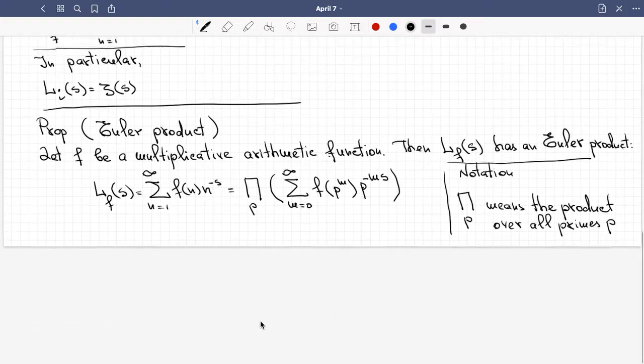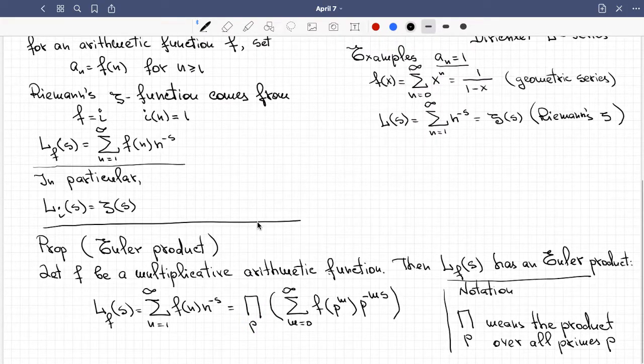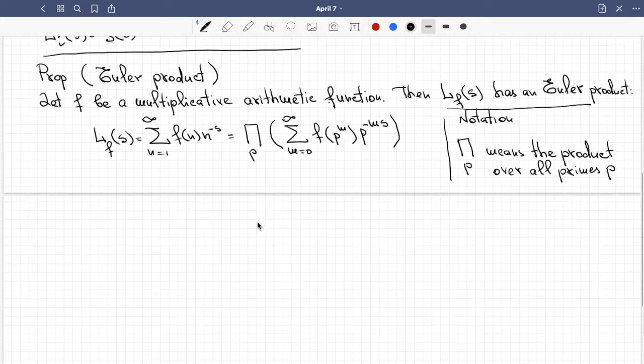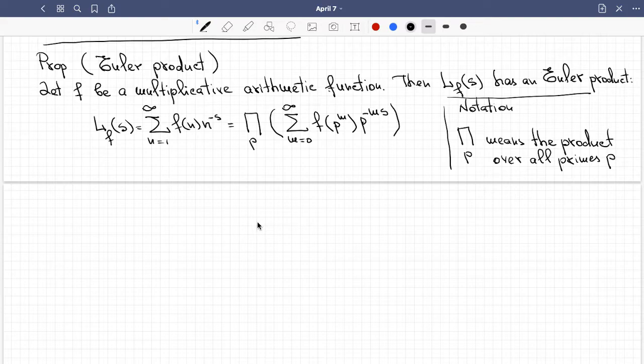I will not really prove this proposition. I rather explain that the proposition is obvious, does not really require serious proof. Let me explain how it comes. This is what is called a formal manipulation with power series. So, some clarification.